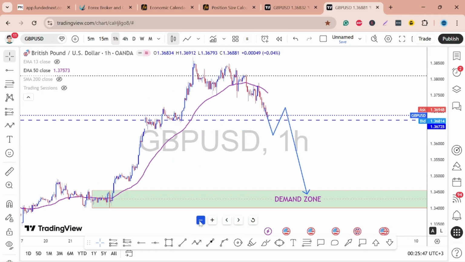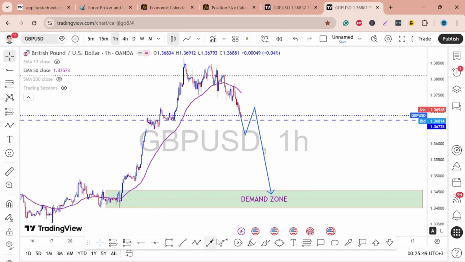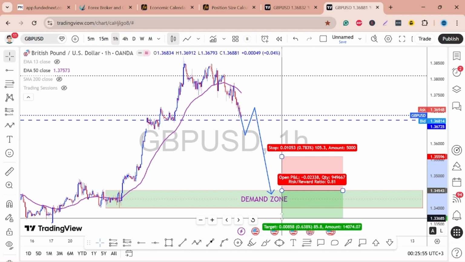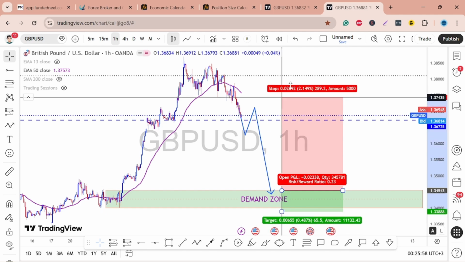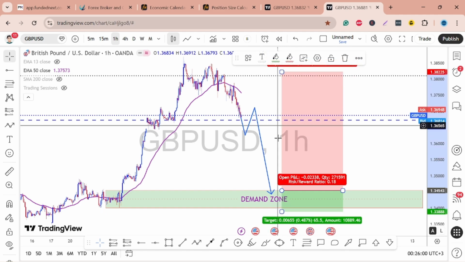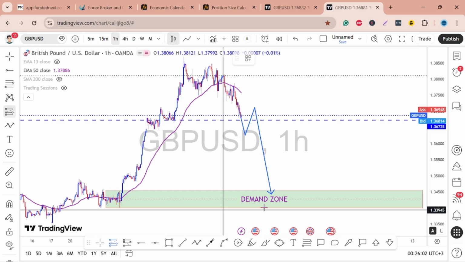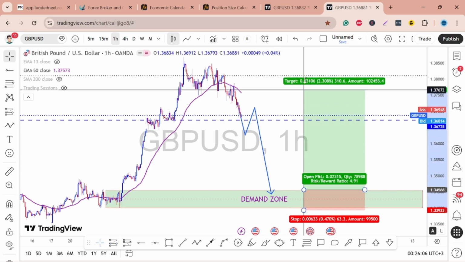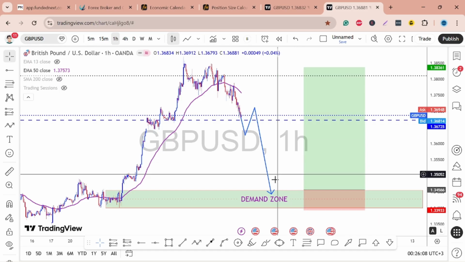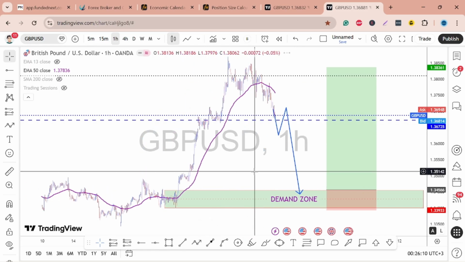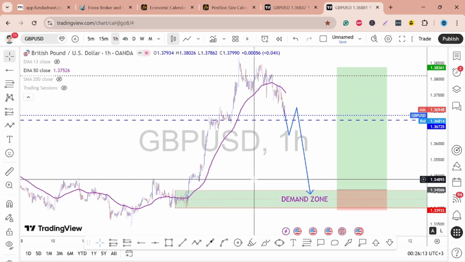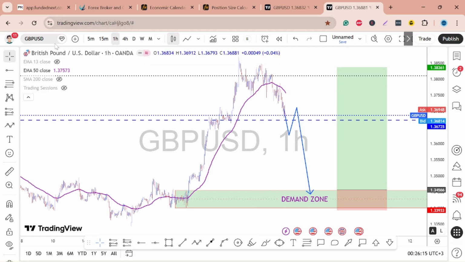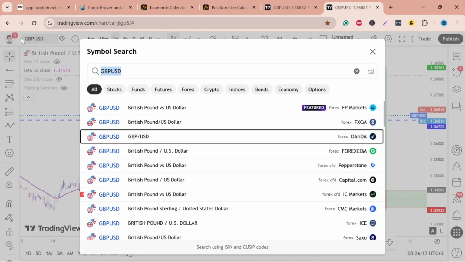Once you get to this major demand zone, this would be an ideal place where you'll be looking to take your buy positions to resume the upward movement on GBP USD. So this would be an area for you to be interested in once we get to this location.